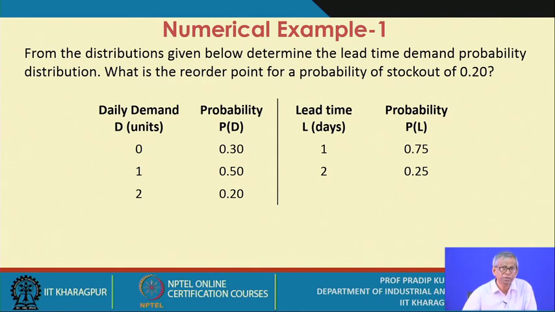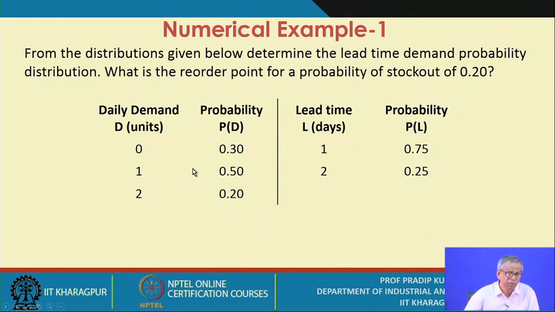That means these are considered as objective probabilities. The demand is 0, corresponding probability is 0.30. That means 30% of the time there is no demand. Against 1 unit, the probability is 0.50, and against 2 units, the probability is 0.20.